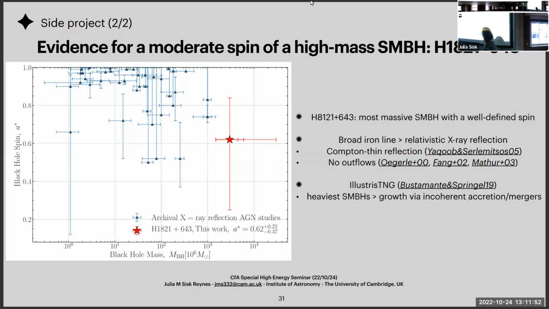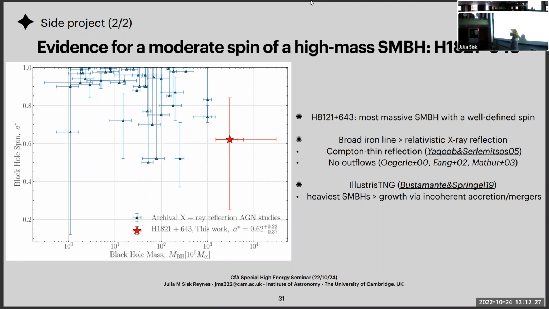So this is our spin constraint for 1821 that I studied in a different paper to the one that I've been presenting up to now. But as you can see, this is the only well-defined spin constraint in the higher mass range. At the 90% confidence level, we used X-ray reflection methods to constrain the spin of this black hole, applied on the Chandra transmission grating data that I talked about at the beginning.